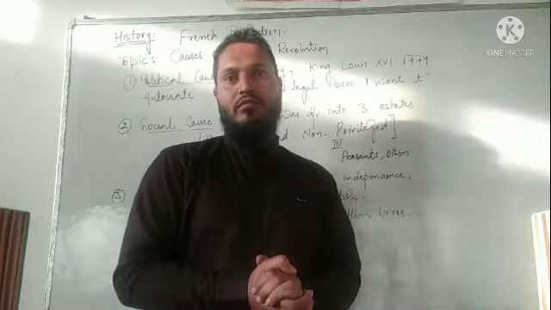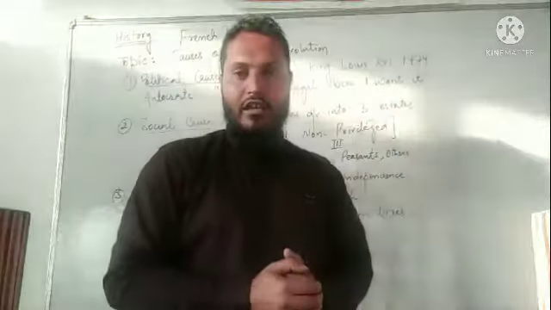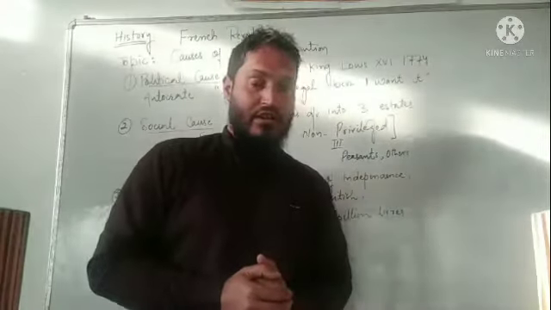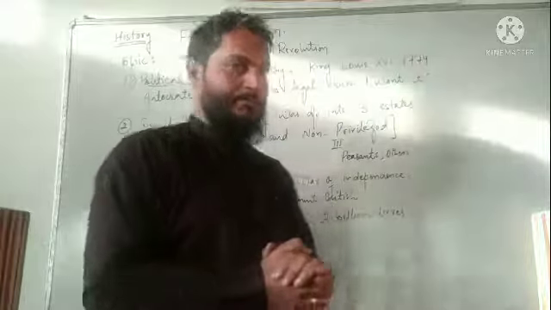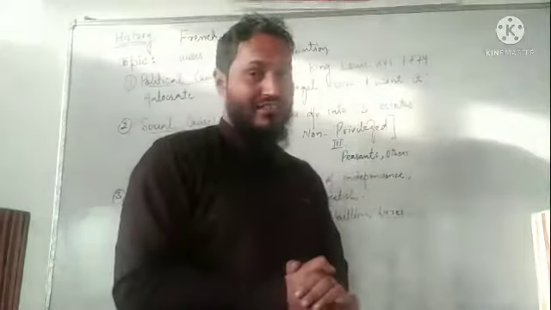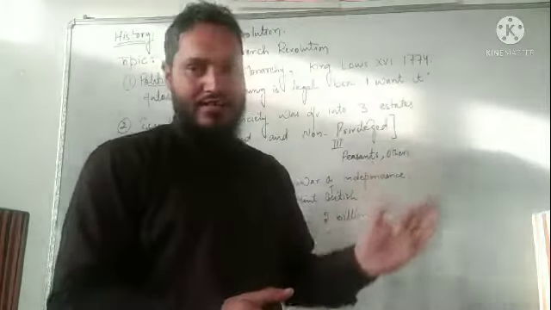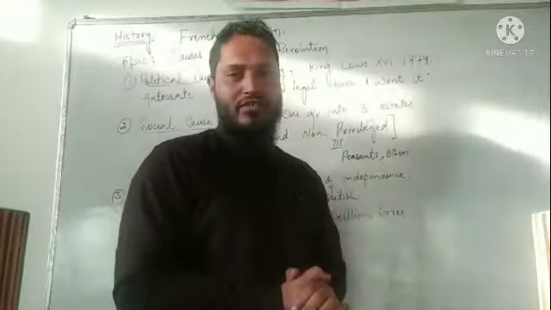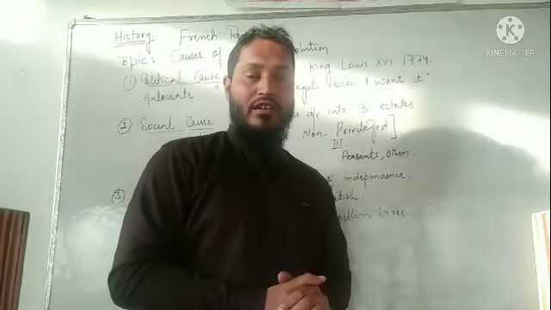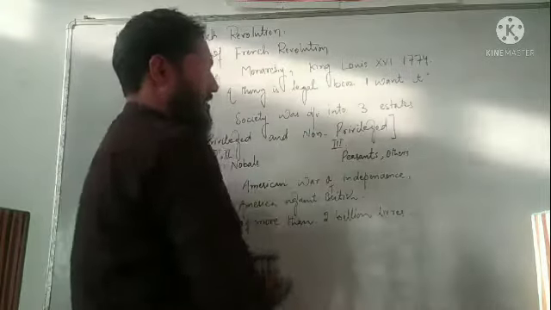So the condition was very bad in France, and about 90% of the huge population was not happy with the system. Others in the third class were artisans, merchants, shopkeepers, and some other people. Their condition was not very good either.